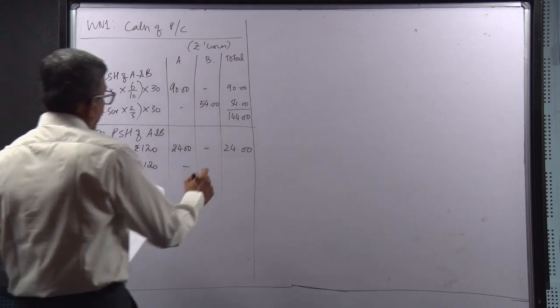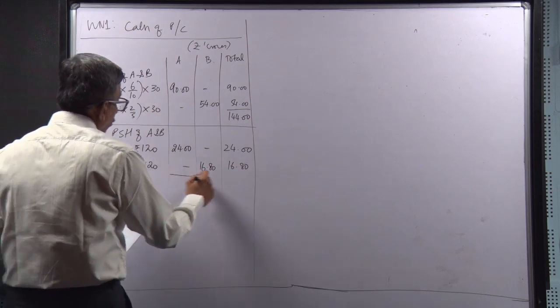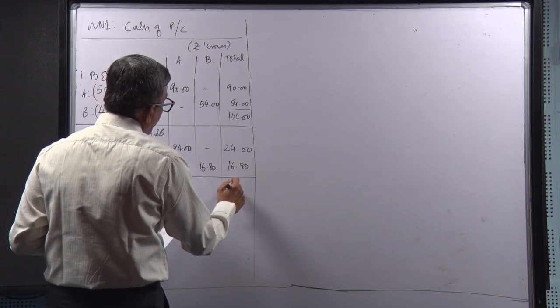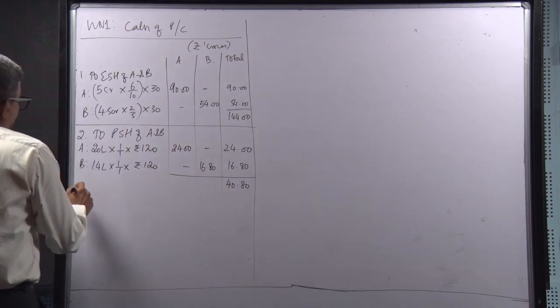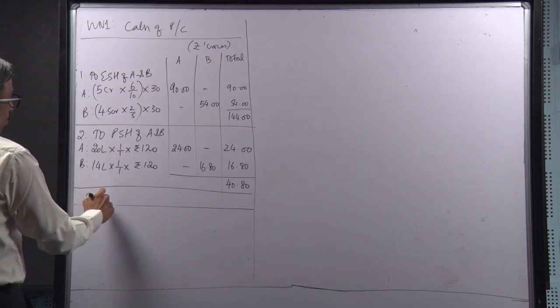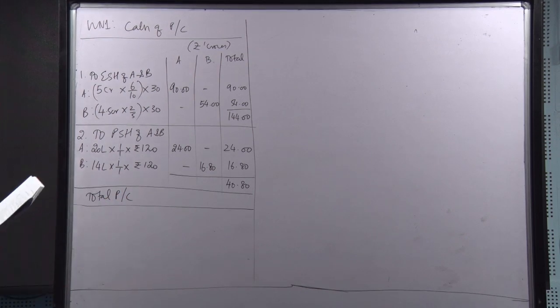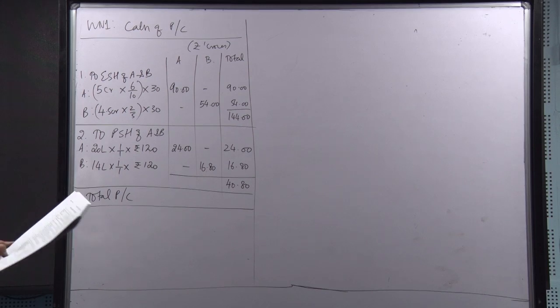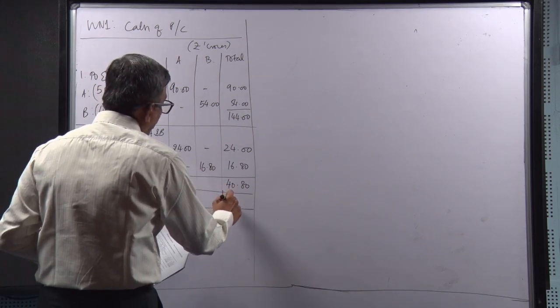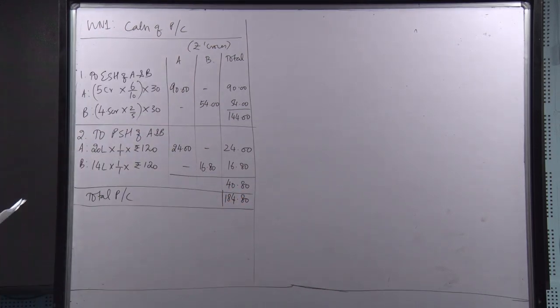That is 16.8 crores. Therefore, the total will be 40.8 crores. So, the total purchase consideration will be 144 equity share capital plus preference share capital 40.8, that is equal to 184.80 crores.